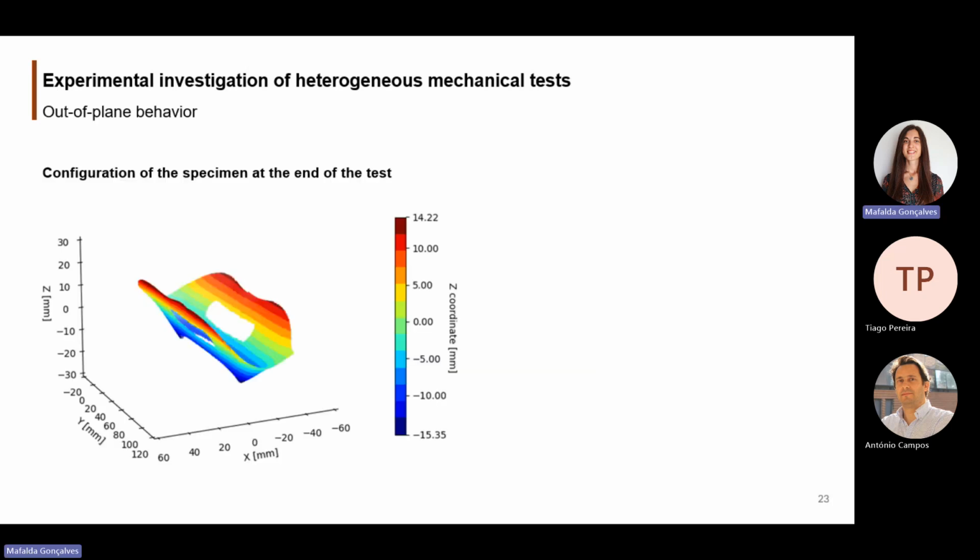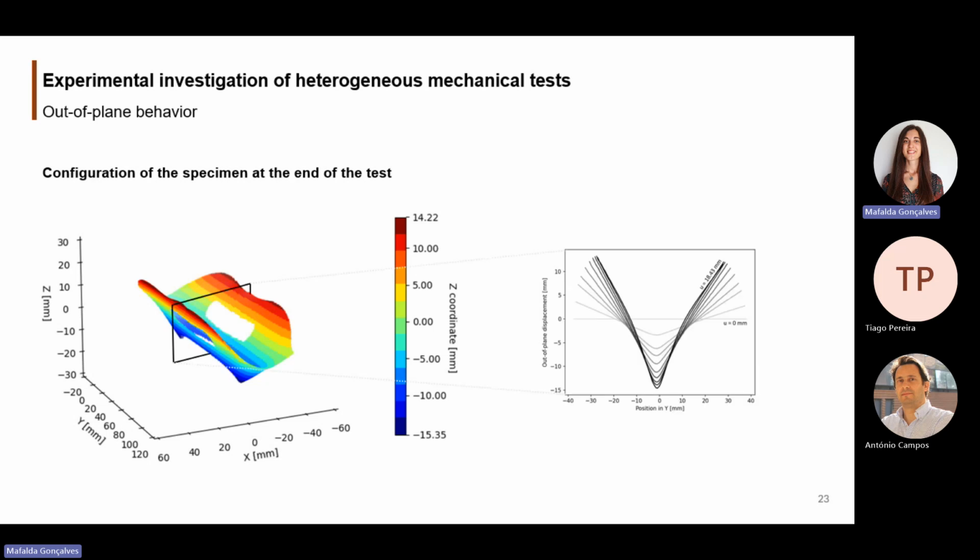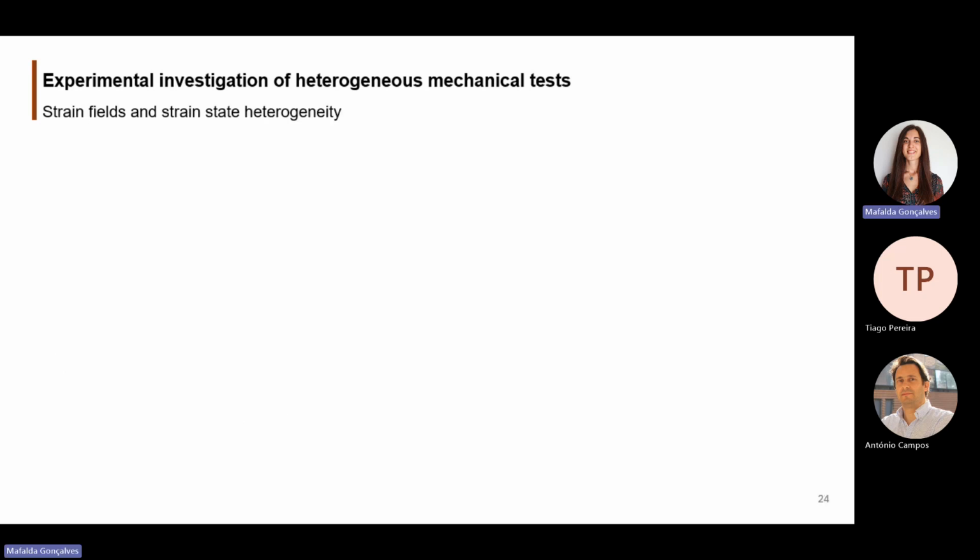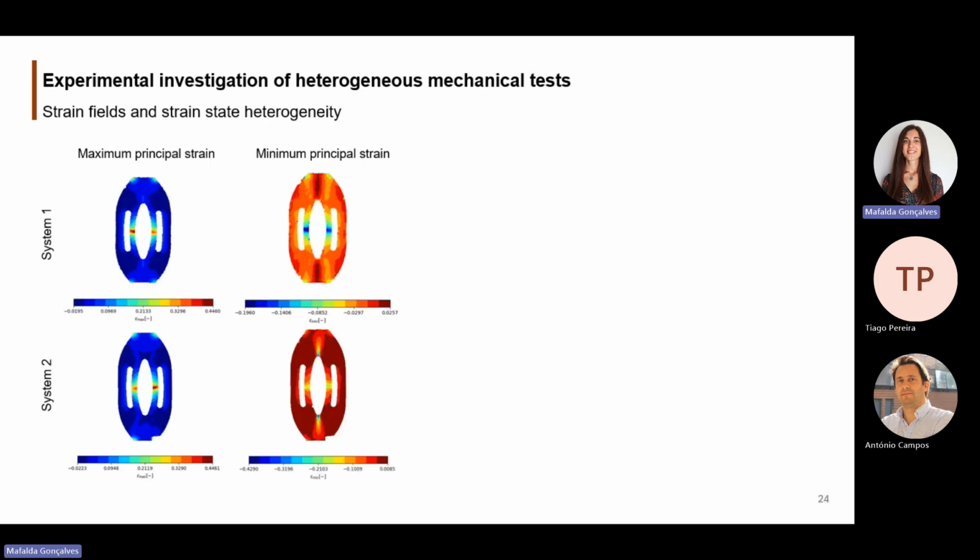Here is the final configuration of the test at the end of the uniaxial test. If we analyze the out-of-plane movements of the specimen in the highlighted plane, we can see that it starts in the gray line, flat, and ends in the black line at the end of the test. And here are the strain fields at the moment just before rupture, the maximum and minimum principal strains for both systems.